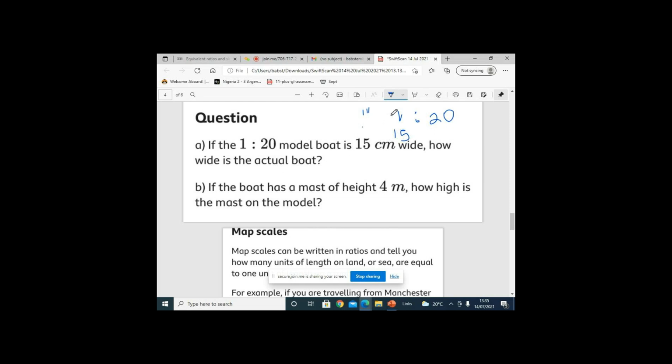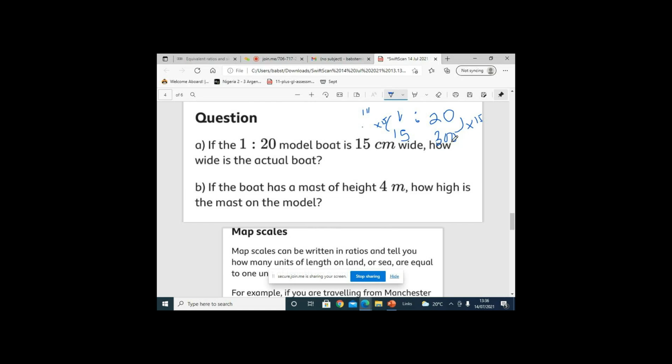You do 20 times 15. What is 15 times 20? That's 300. So the boat is actually 300 centimeters wide.